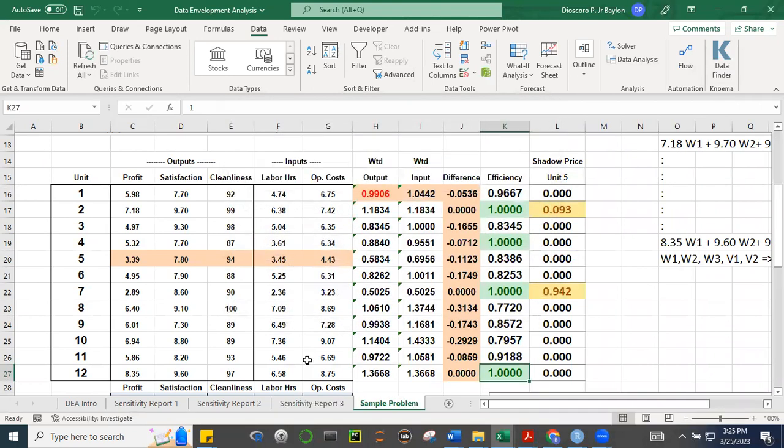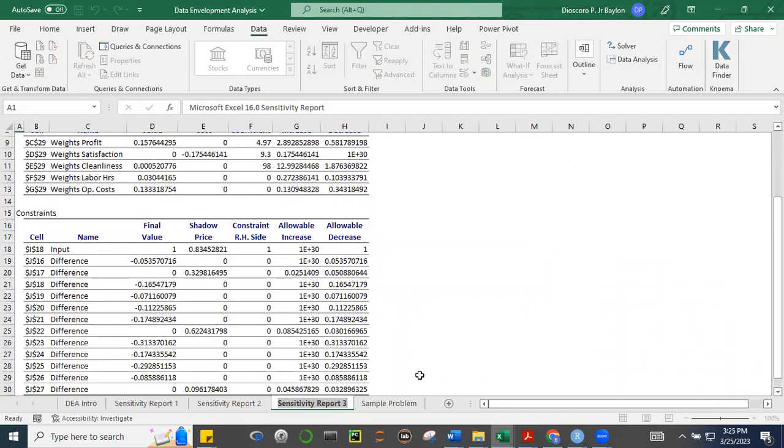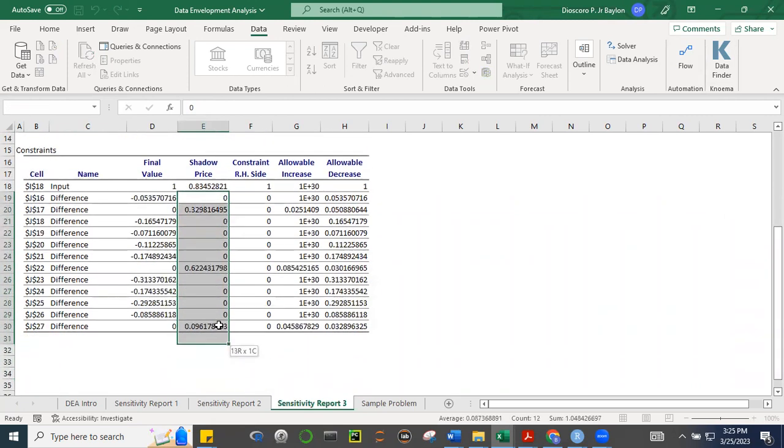And then if we open the sensitivity report, this one, number 3, we have this. Then we get, for the shadow price, around 33% of unit number 2, 62% of unit number 7, and around 10% of unit number 12.